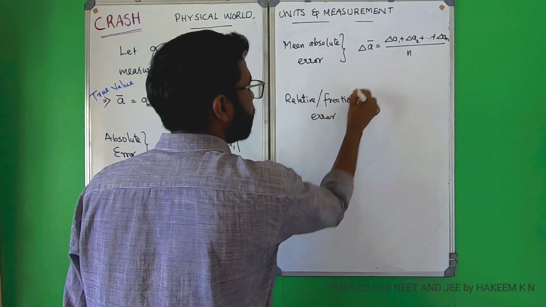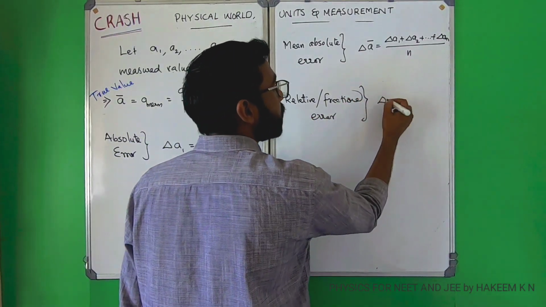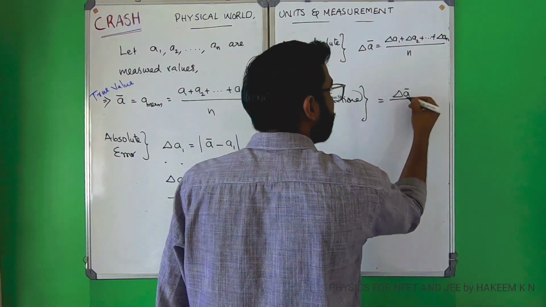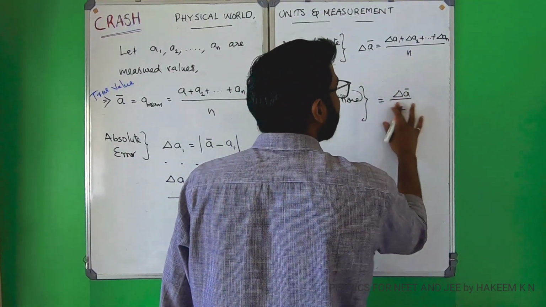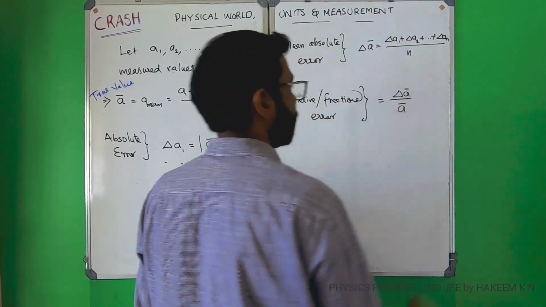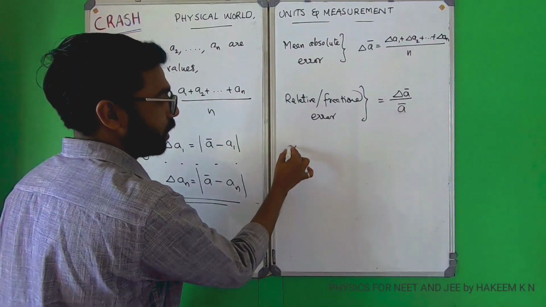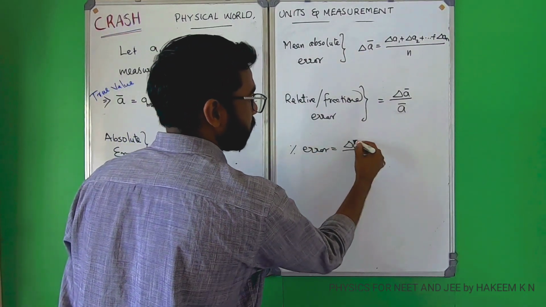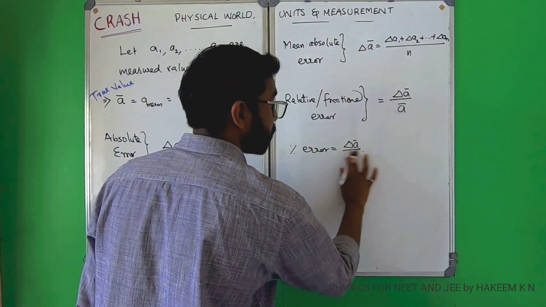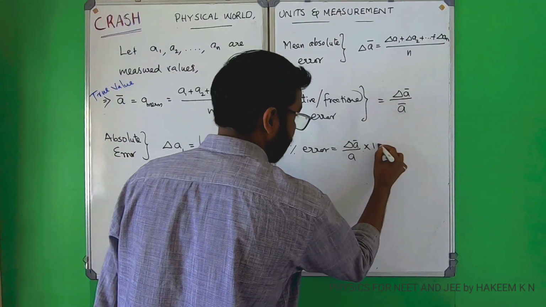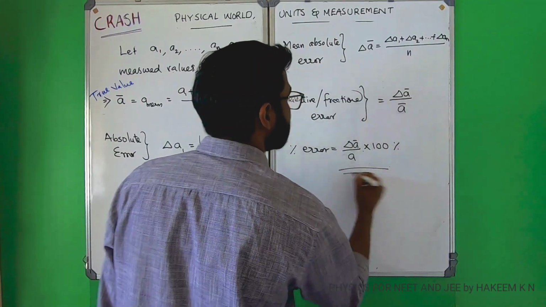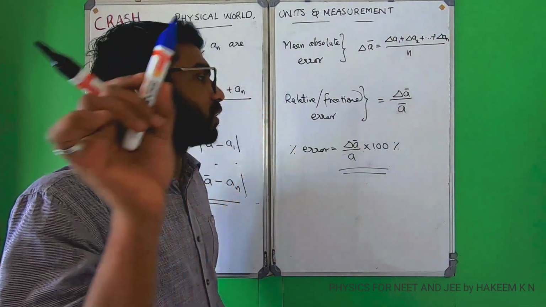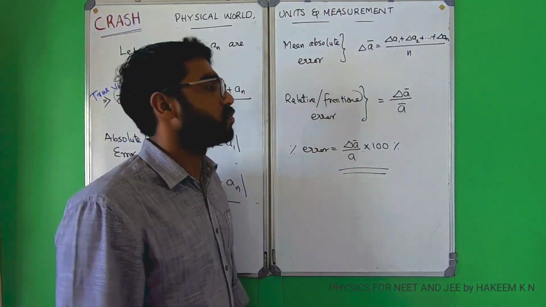Relative error or fractional error is equal to mean absolute error by true value. Fractional error multiplied by 100 gives the percentage error.